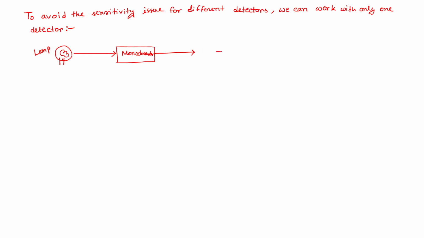Then, I will not write here, but suppose earlier what do we have? We have this system, right? Here is your sample, and we had our reference. Actually, instead of a beam splitter, we will use a spinning disk, which will be monitored by the computer system, and which will have three different parts.